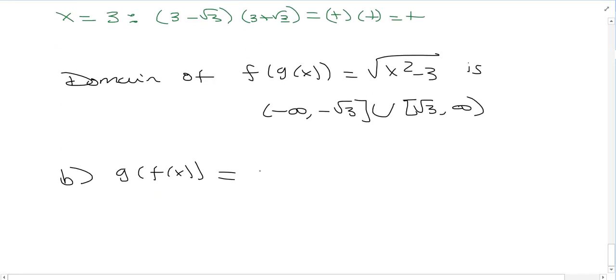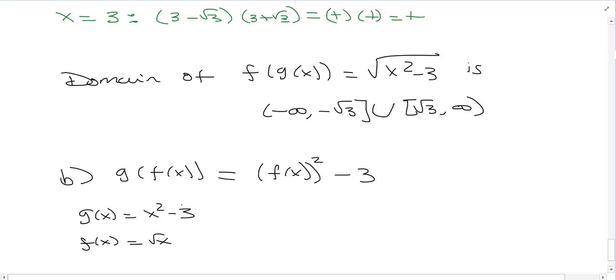So that's going to be f of x squared minus 3. Right, we recall g of x is x squared minus 3, and f of x is the square root of x. So I plug in my f now inside g. So that's why I have f of x squared there.